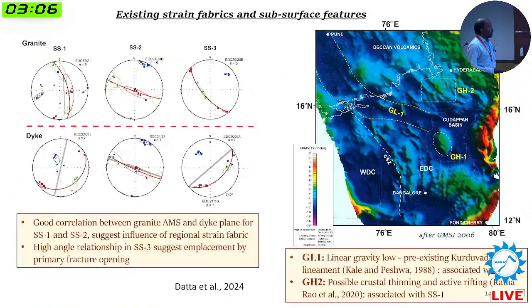So, if we see the gravity map of the Dharwar Craton that was published by NGRI, ONGC and GSI long back in 2006, the SS2 that follows the gravity low is due to the Kurduwadi lineament. And what Saibal sir was asking, I want to emphasize, when a plume interacts with a lithosphere, different kinds of stress regimes play.